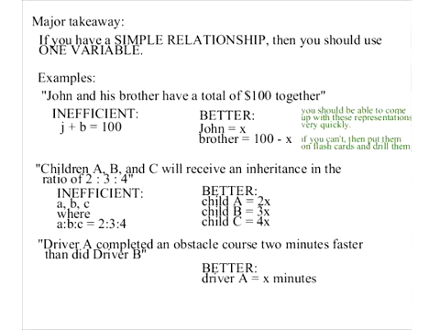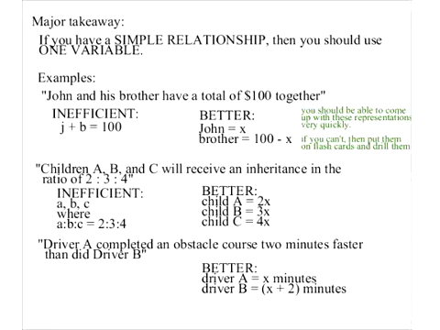And then driver B, now be careful when it comes to faster. Faster, in this case, this is time. So driver A was faster, which means driver A took less time. So driver B is actually going to be X plus 2 minutes because driver B took more time.